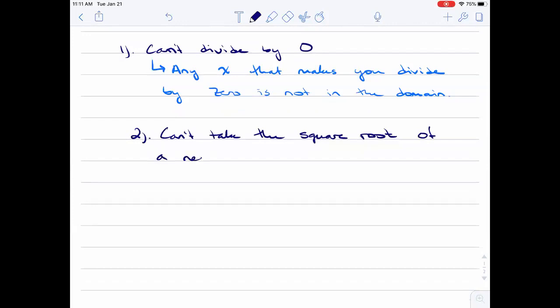So what that means is that any x less than 0 is not in the domain.